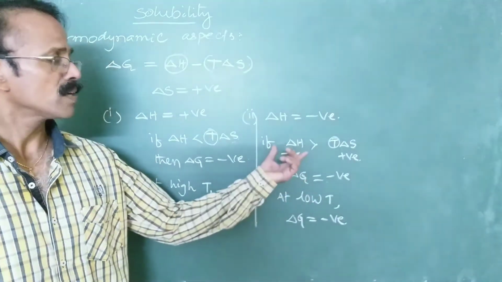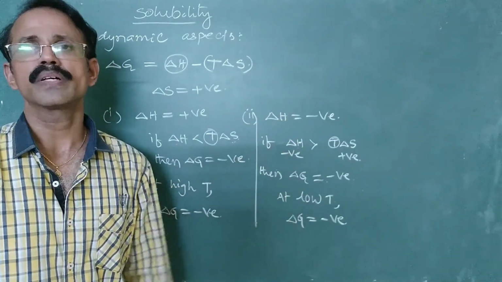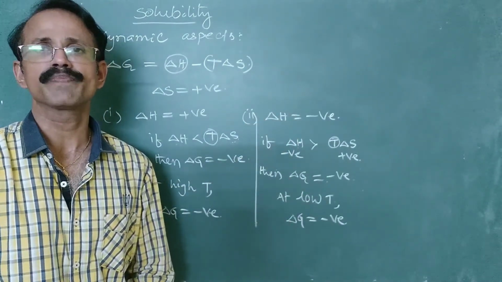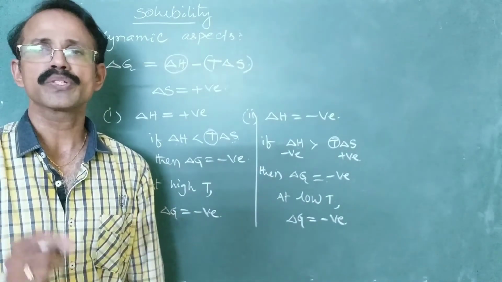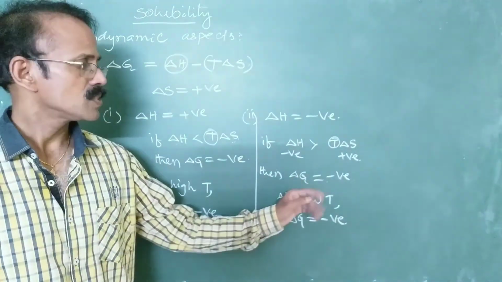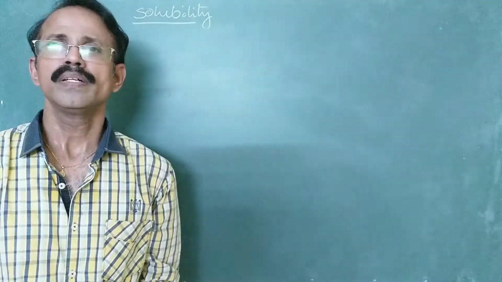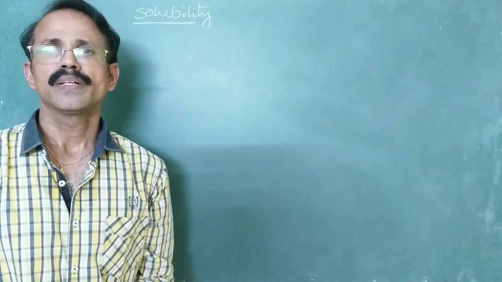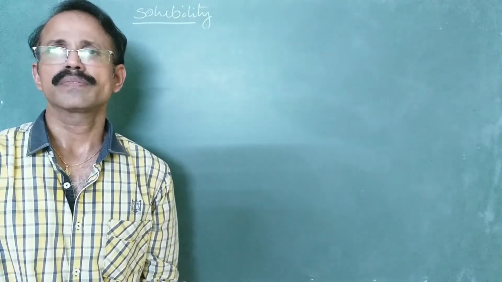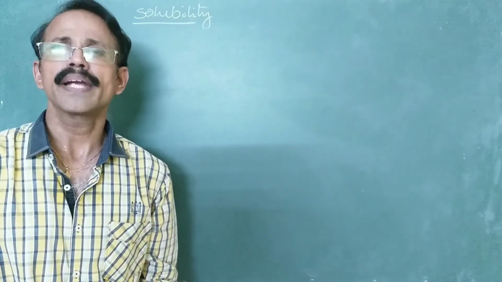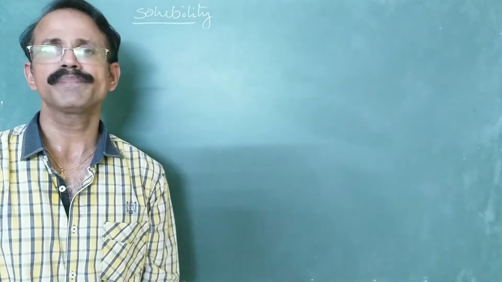So in this kind of reactions where energy is released, that is exothermic reactions, if the formation of solution is exothermic, then temperature should be lowered so that delta G value becomes negative, or the reaction becomes spontaneous, right? To summarize, the endothermic reactions are favored at a high temperature, exothermic reactions are favored at a low temperature, right?